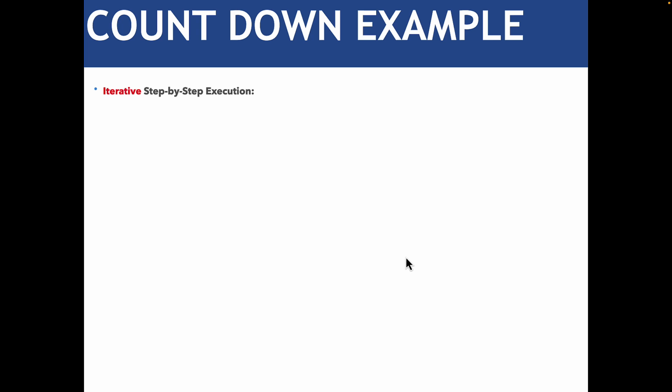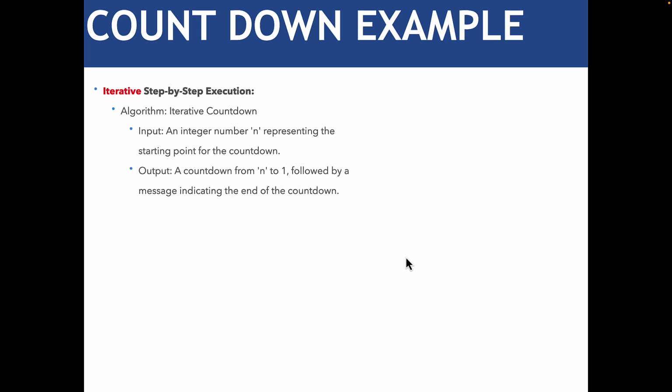Now if we want to do it as iterative execution, an iterative algorithm will be: you have an input n, which is our starting point, for example 5, and the output will be a countdown from n to 1, and in the end I'm going to send a message indicating the end of the countdown.